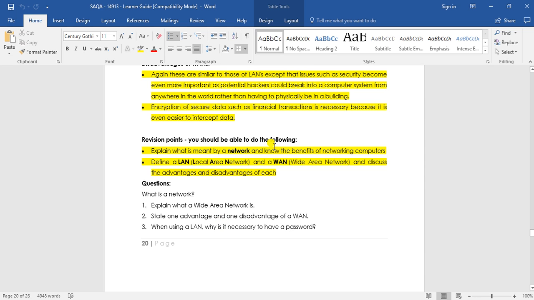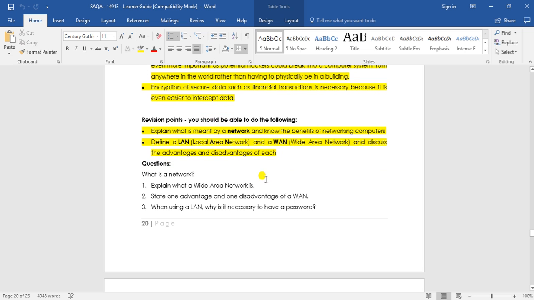Revision points: you should be able to do the following: explain what is meant by a network and know the benefits of networking computers. Define a LAN and a WAN, and discuss the advantages and disadvantages of each. The questions: what is a network? Explain what a wide area network is.